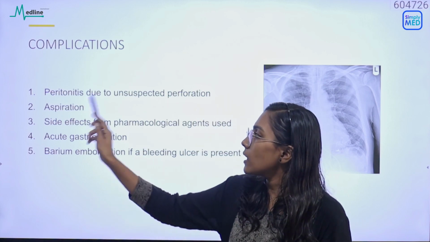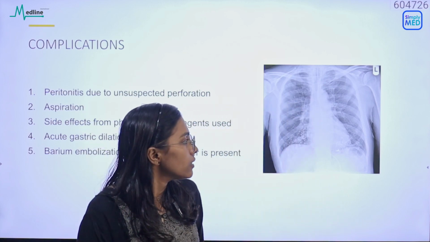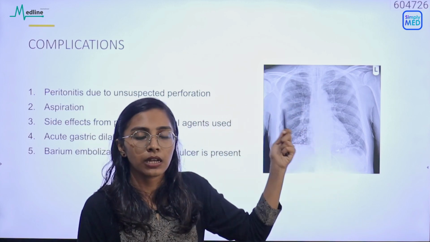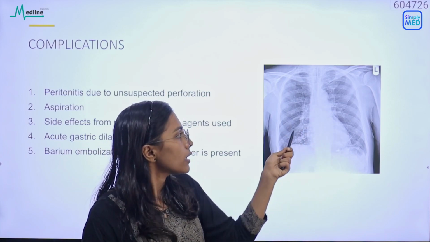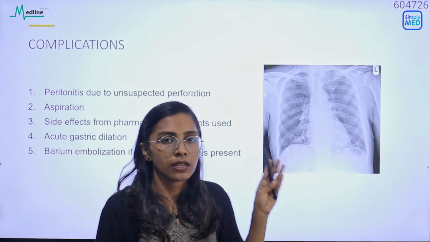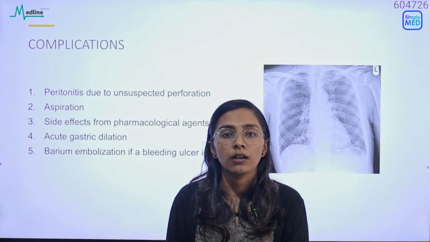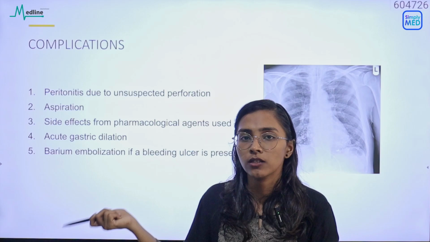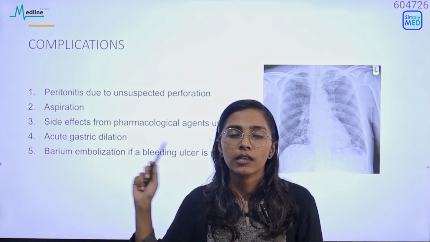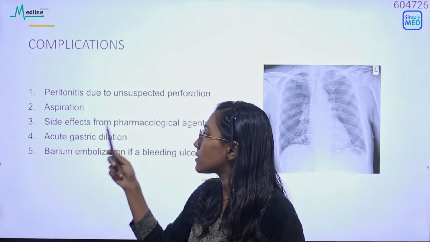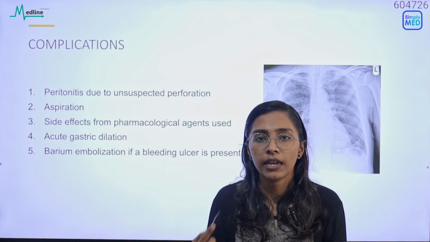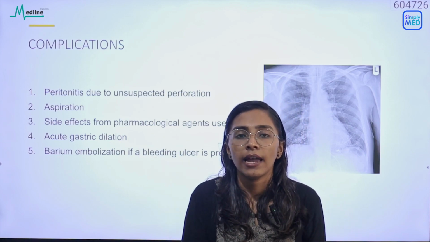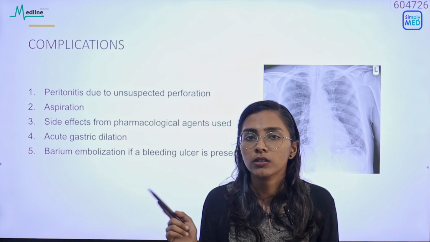Then the second one is aspiration. You can see in this image that the barium has aspirated into the lungs. So barium aspiration is a possible threat. Then side effects from the pharmacological agents used, like the muscle relaxants and other pharmacological agents that we use along with the barium meal study, can cause some side effects.